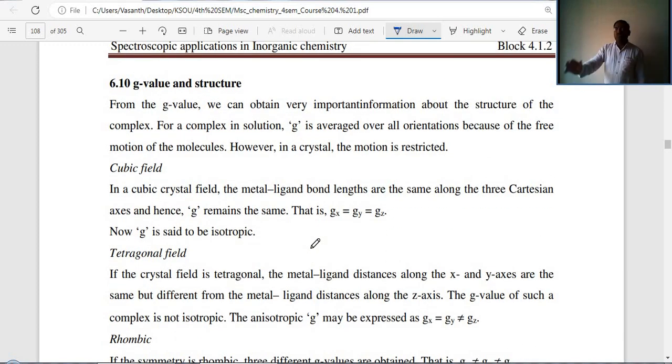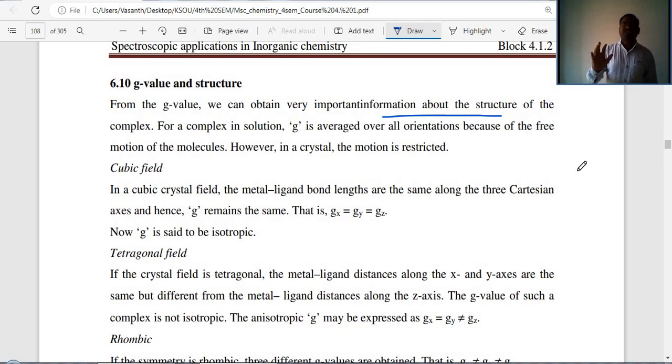What is the g value and structure? The g value can give very important information about the structure of a complex. For a complex in solution, g is averaged over all orientations because of the free motion of the molecules.